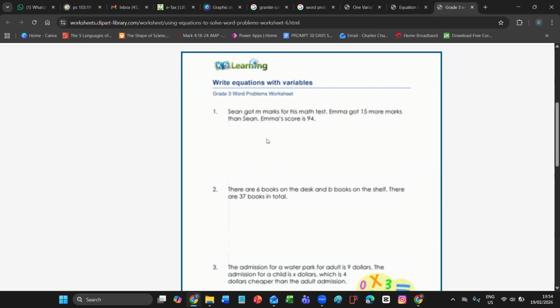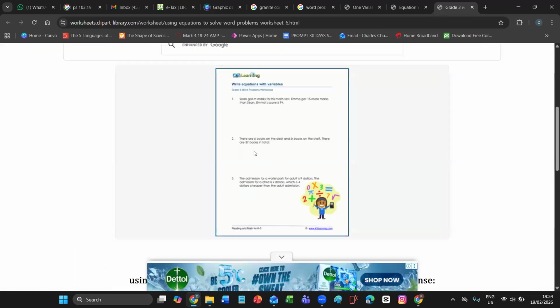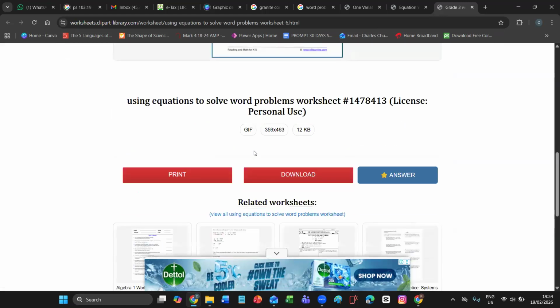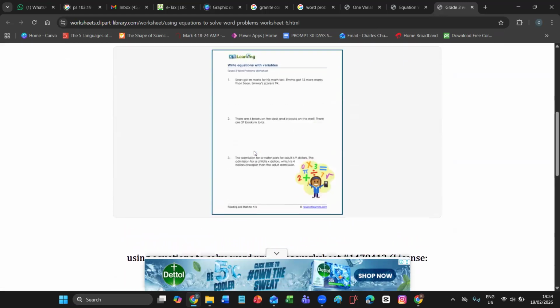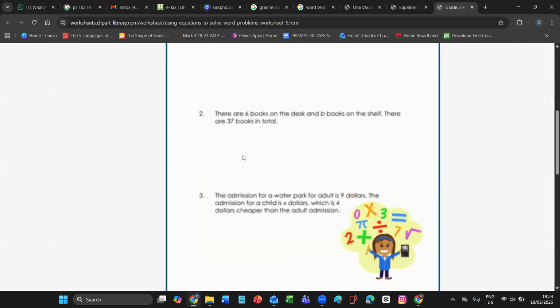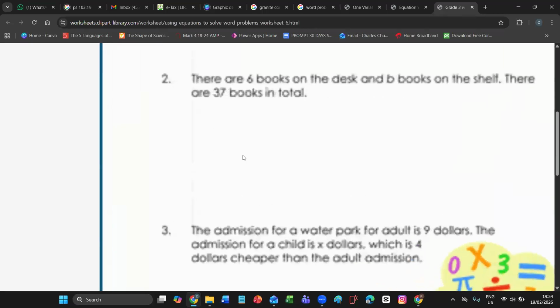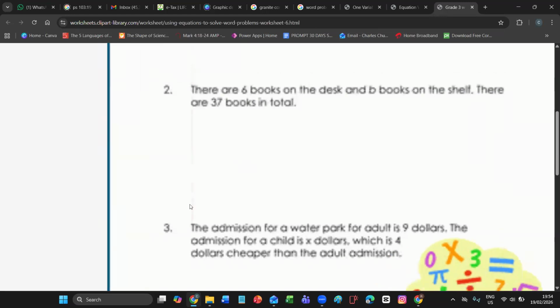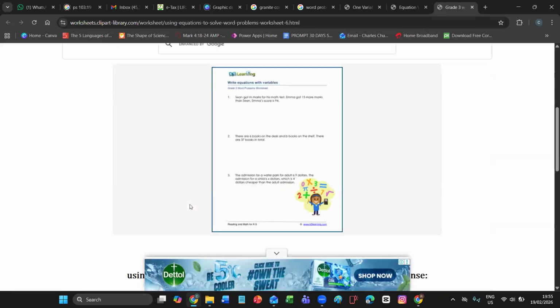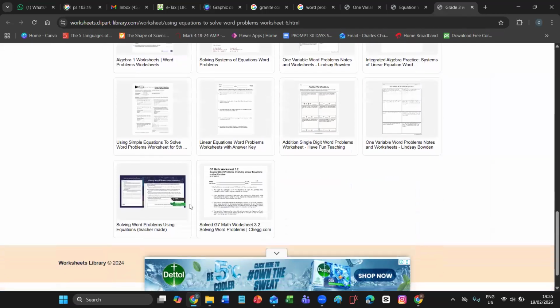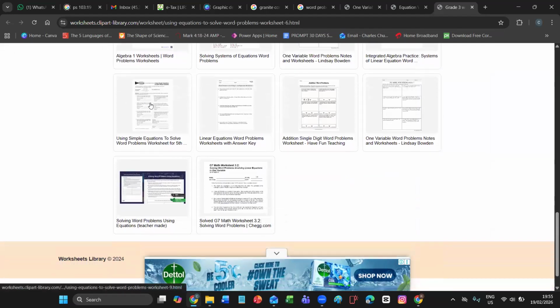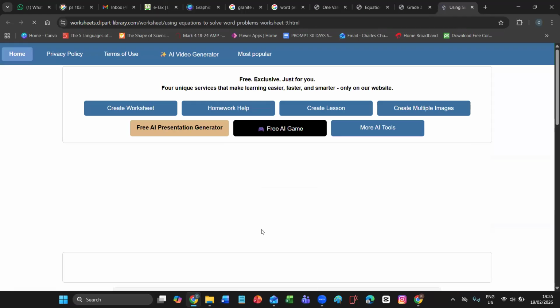This one looks too simple. Let me zoom in. Can you see it now? Yes, sir. It looks pretty simple. Let's take a look at this one.